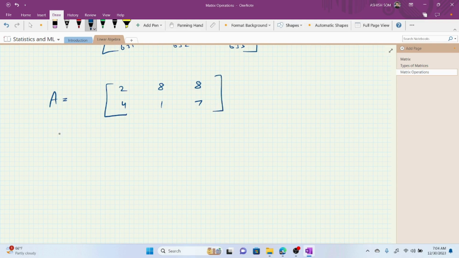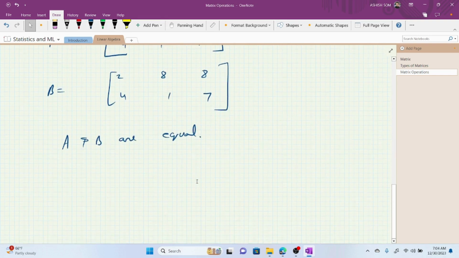This is one matrix. Now I have another matrix B, which has the same elements and is of the same shape. Here we can say A is equal to B, or A and B are equal. So this is what equality is.